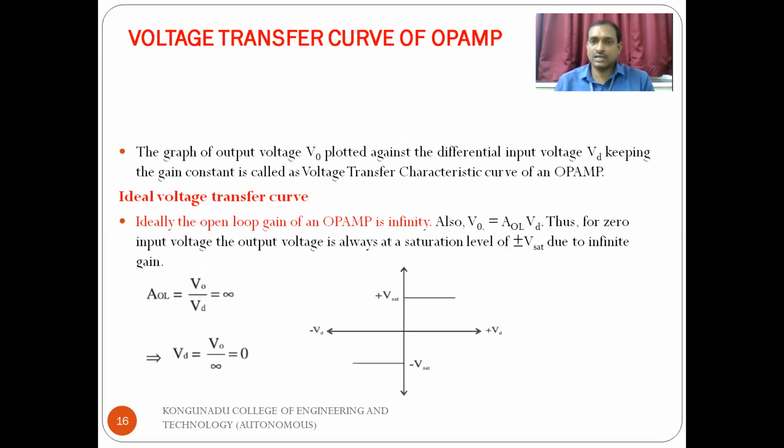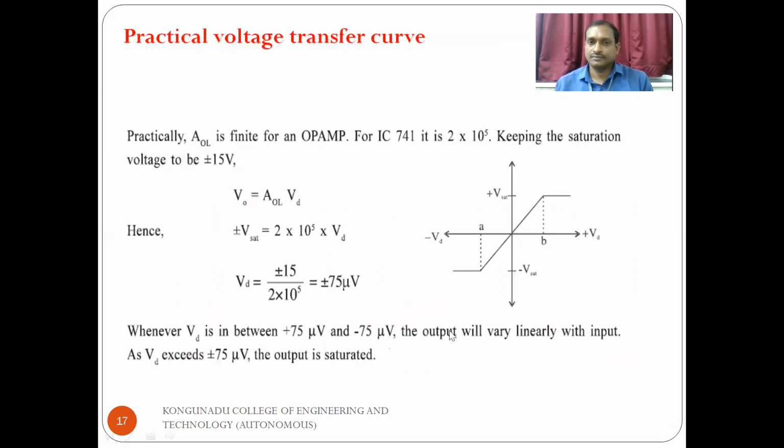The voltage transfer curve is a graph drawn between the input voltage VD versus the output voltage V0, maintaining the gain as a constant. For the ideal case, at zero input voltage the output will be saturated, that is plus V saturation to minus V saturation.